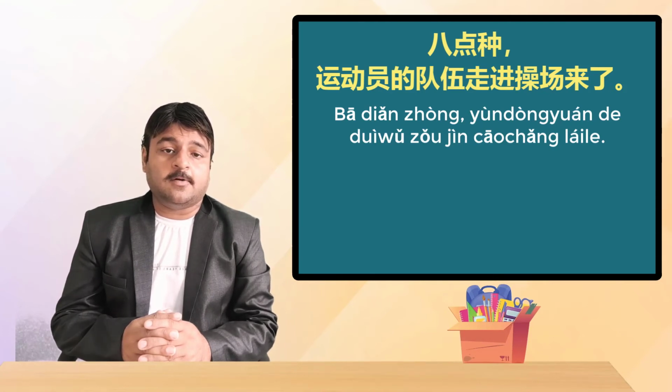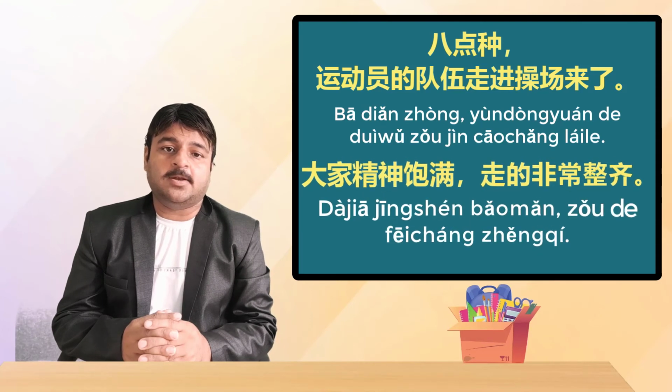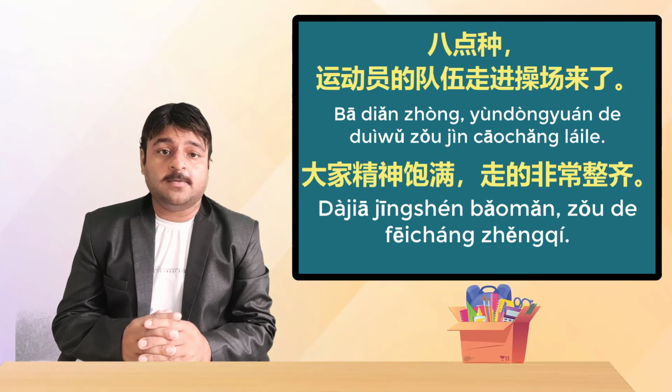The team or contingent of sports persons came walking inside the sports ground. 大家精神饱满. 大家 everybody. 精神 spirit. 饱满 full. Everybody was full of spirit. So the team walked in at 8 and everybody was full of spirit.